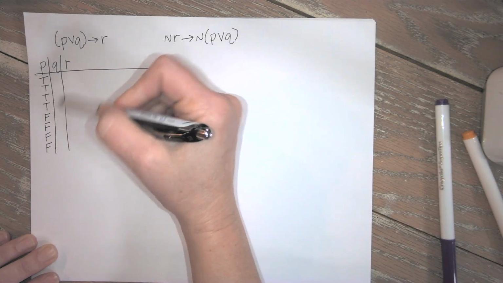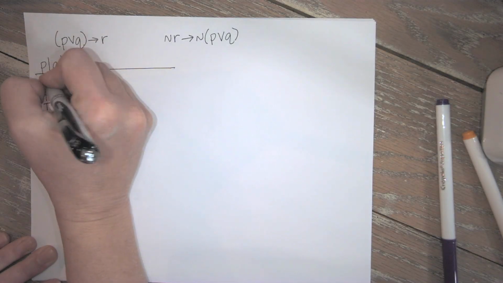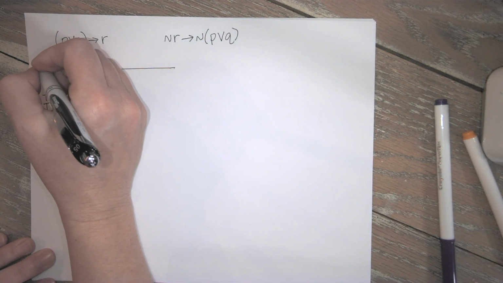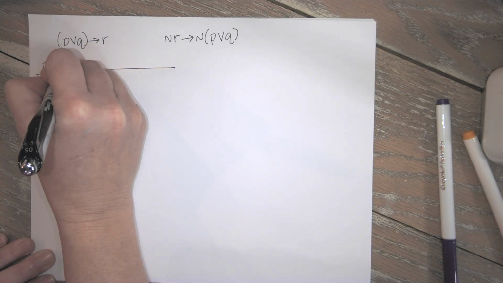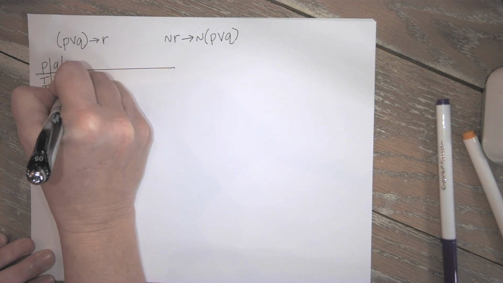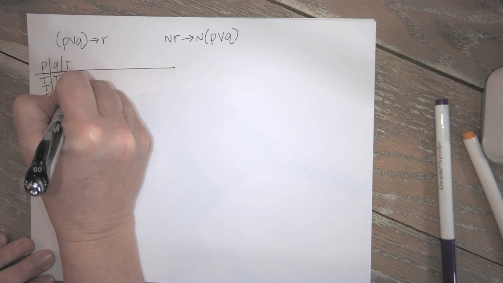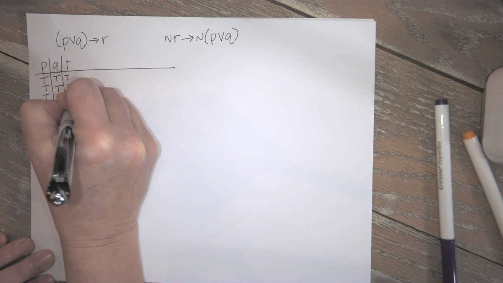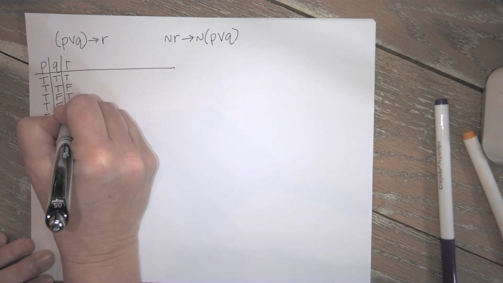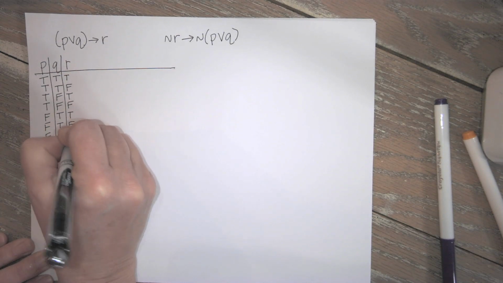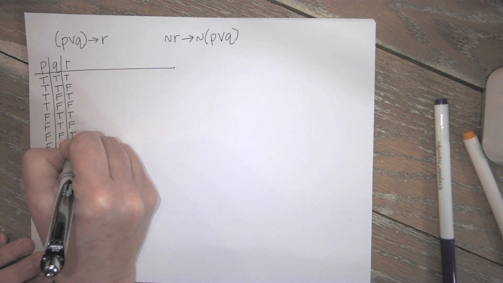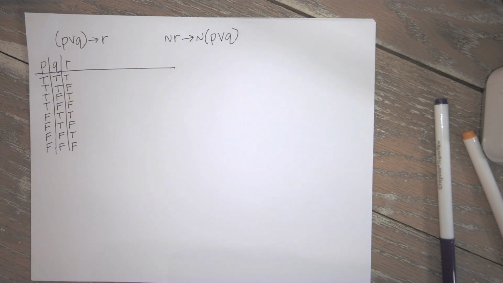Then I come back up in the Q and R columns and I do my 4 scenarios that I do when I only have 2 simple statements. So I do true, true, true, false, false, true, false, false. Then I repeat that: true, true, true, false, false, true, false, false. And that will give you all 8 possibilities, so you don't have to sit there and think about what they would be.